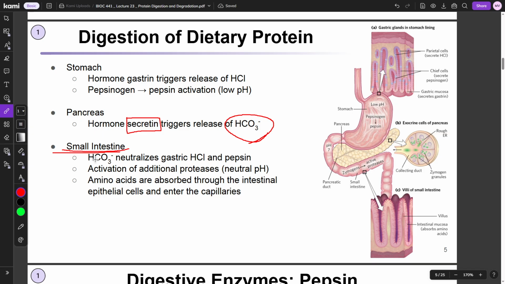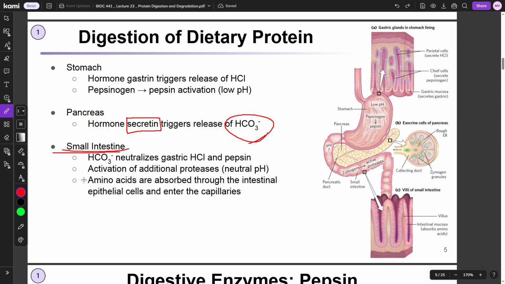And so once the bicarbonate is released to neutralize this HCl, it also stops the pepsin, because the pepsin can't be active in basic environments. And then it also activates additional proteases that are active at neutral pH.